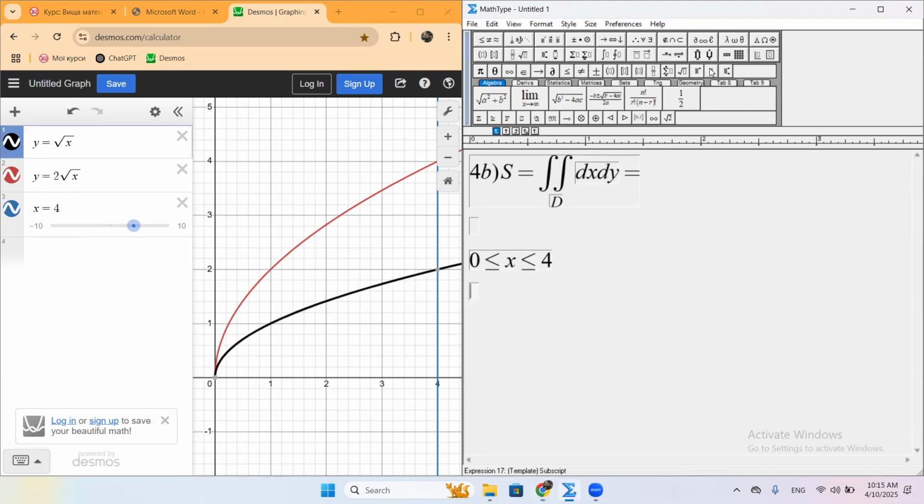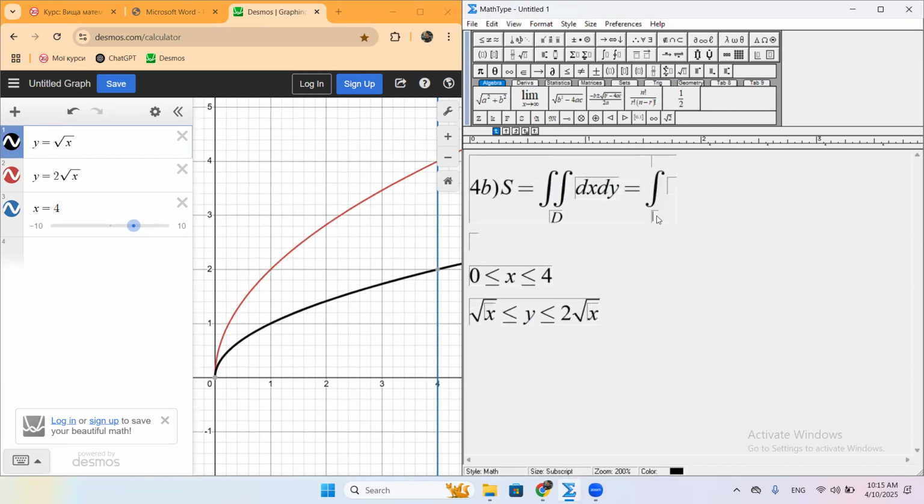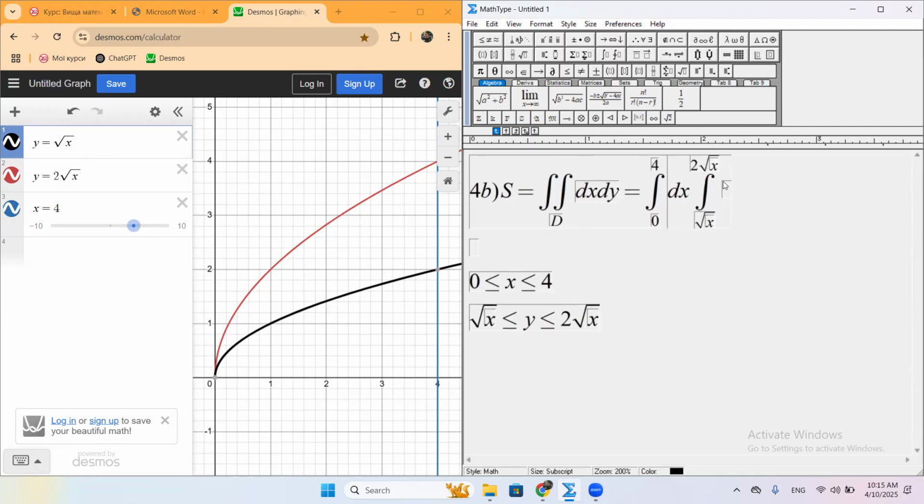From square root of x to 2 square roots of x. And now let's integrate. From 0 to 4 dx, and the inner integral from square root of x to 2 square roots of x dy.